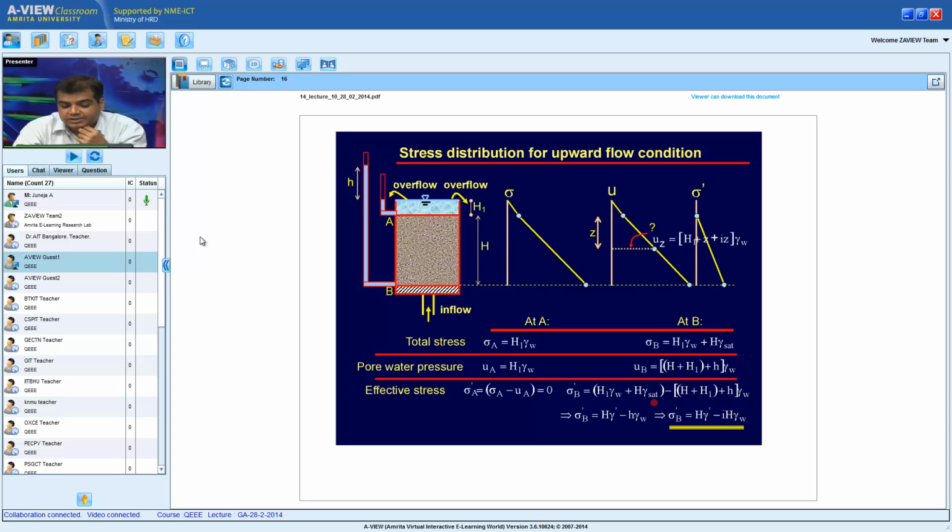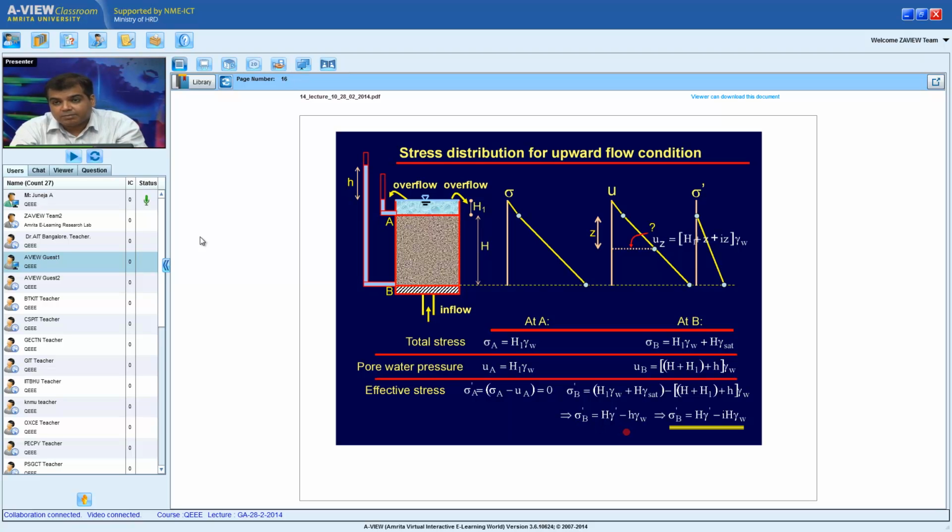I have H gamma saturated minus H gamma water. That should be H gamma prime, the buoyant unit weight. The next one is minus h gamma W. Obviously my effective stress at B has decreased.